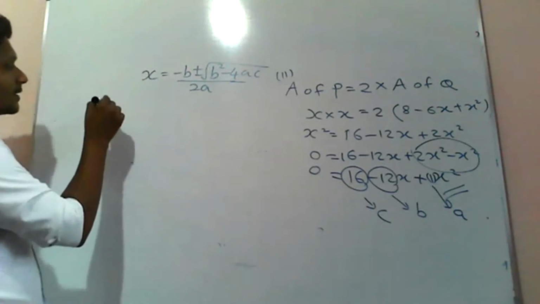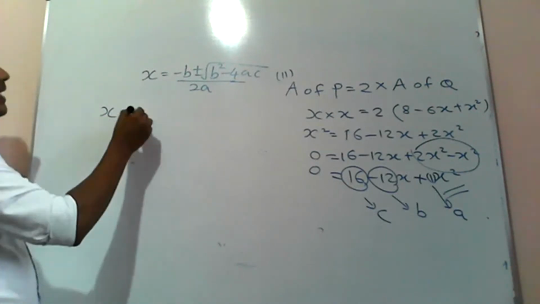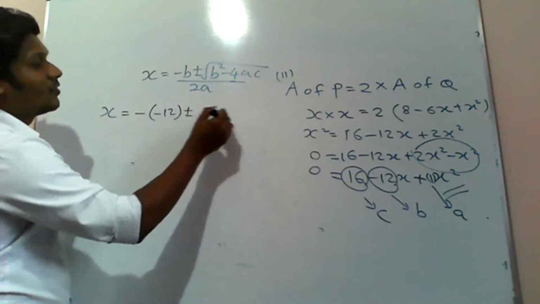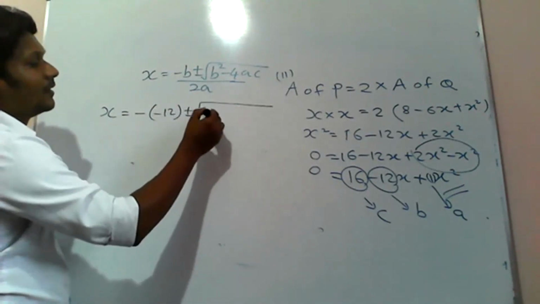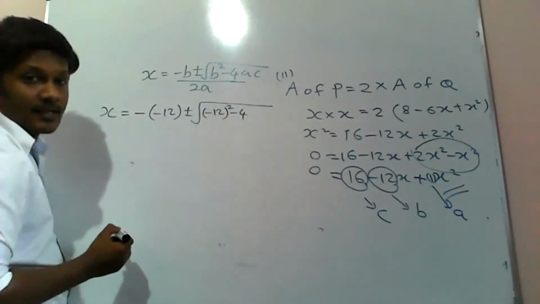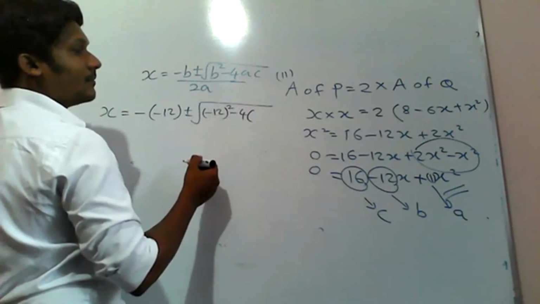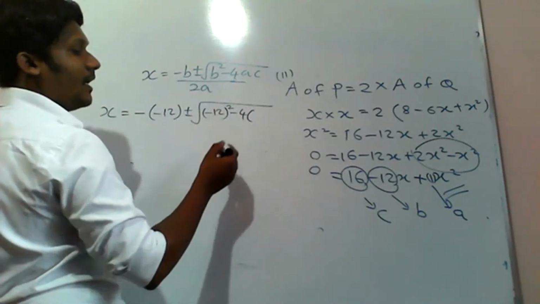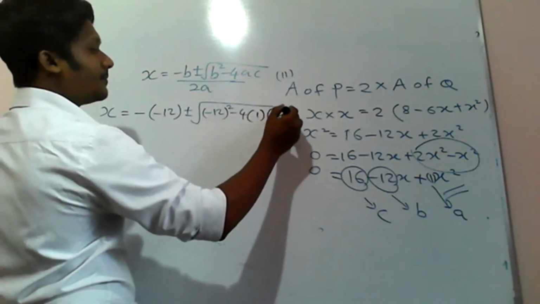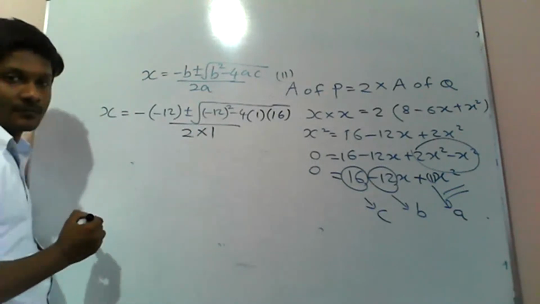Now x equals minus b, which is again plus 12, plus or minus the square root of minus 12 squared minus 4 times a, which is 1, times c, which is 16, over 2a, 2 times 1.